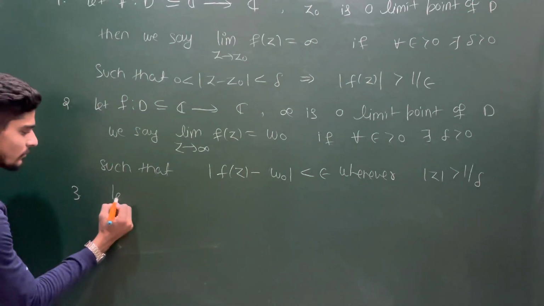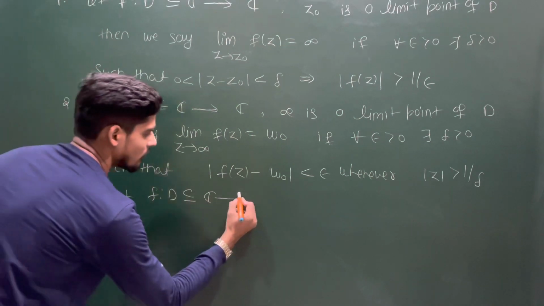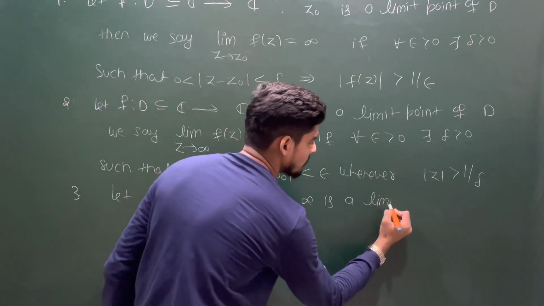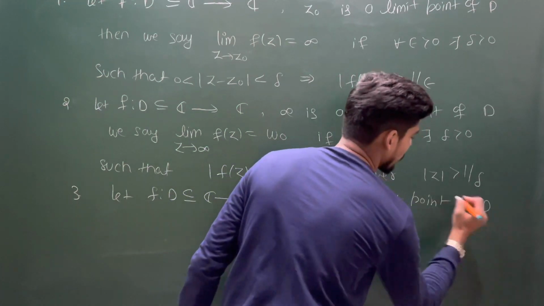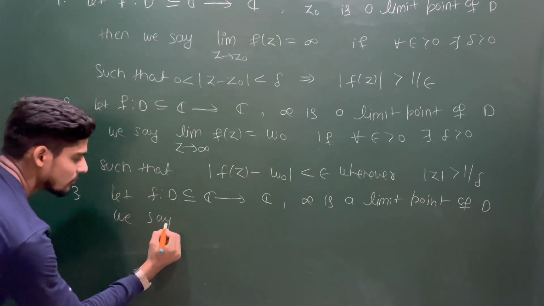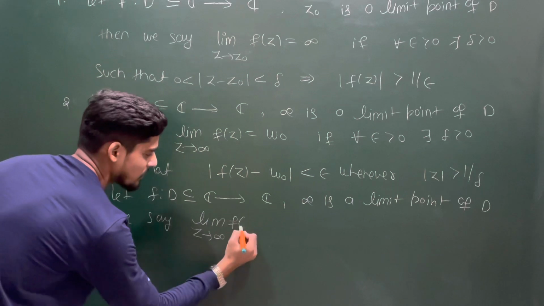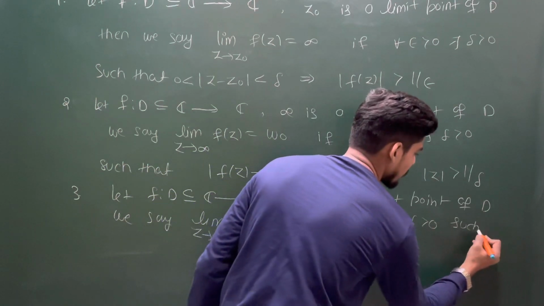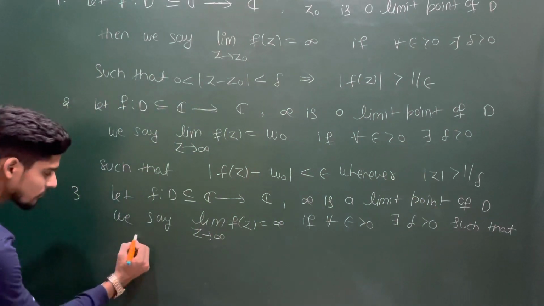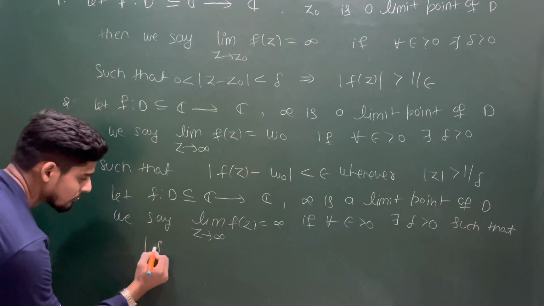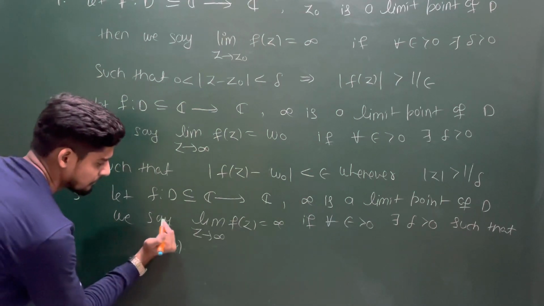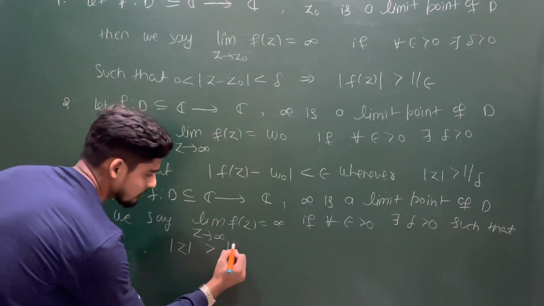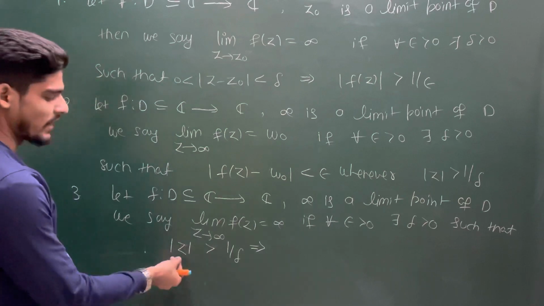So definition 3: let f be defined from D to C. Infinity is a limit point of D. We say limit as z approaches infinity of f(z) is infinity if for each epsilon positive there exists a delta positive such that mod z is bigger than 1 by delta.